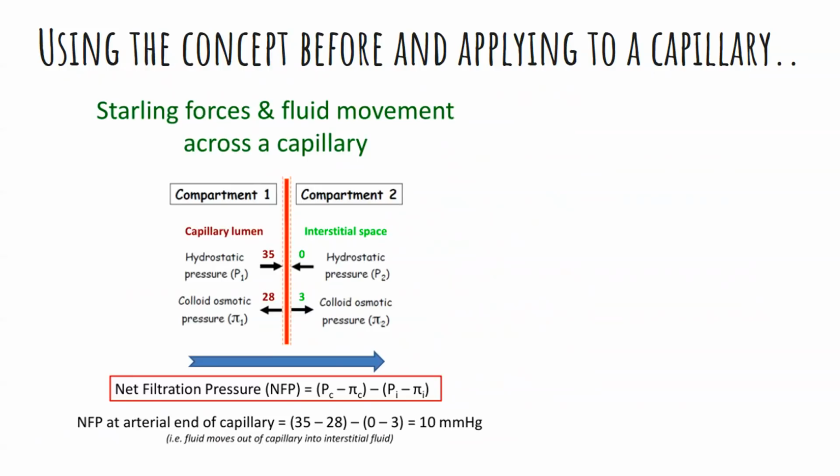So really, the way to think about it is you've got material that needs to get into the Bowman space, and you've got competing forces. So really all this is trying to say is if one increases or if one decreases, then the net movement will change. And by understanding the Starling forces, you can be given a disease state, and then you can predict where the movement will be.